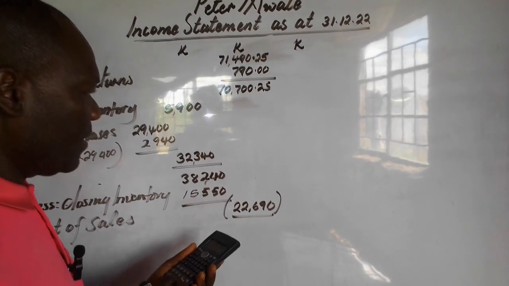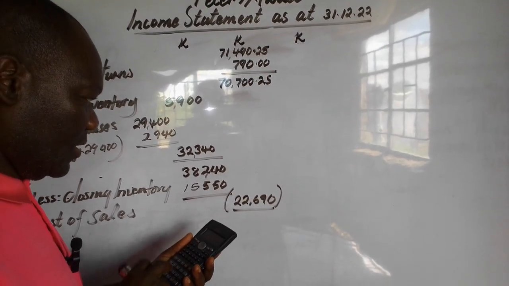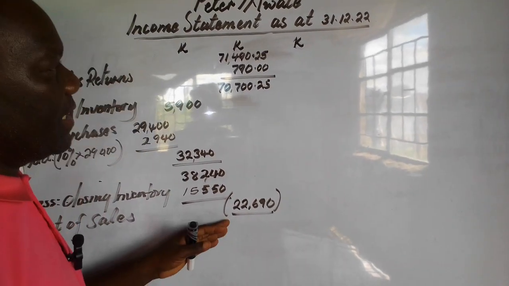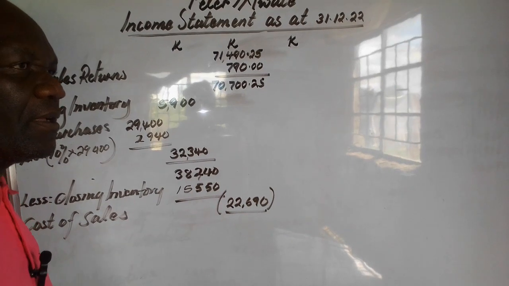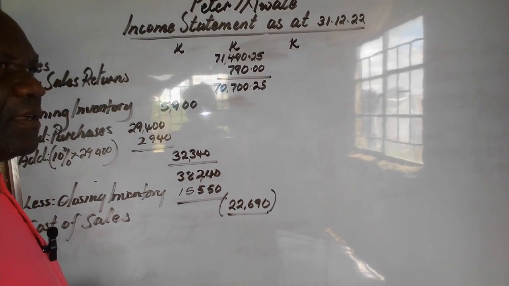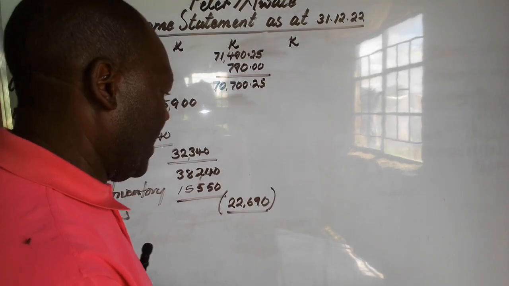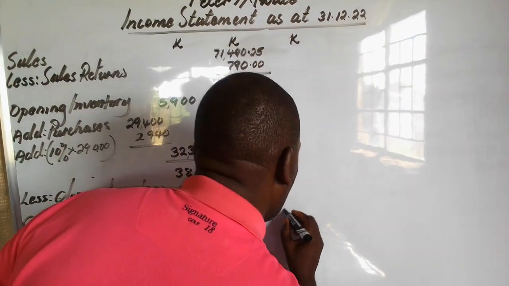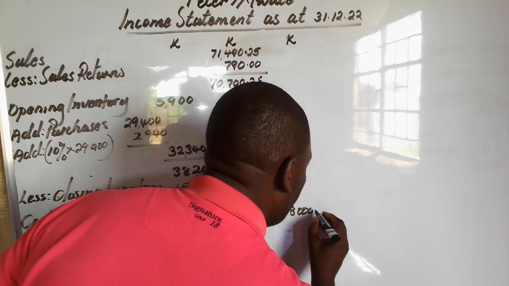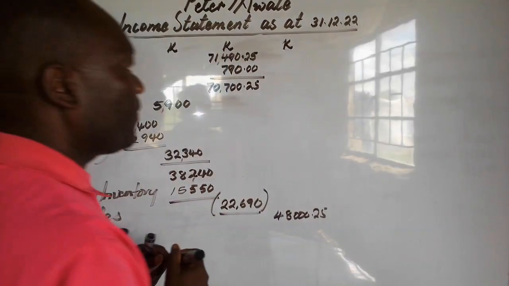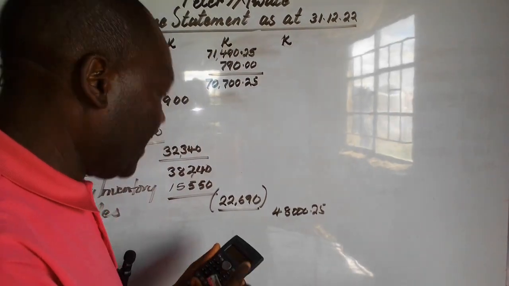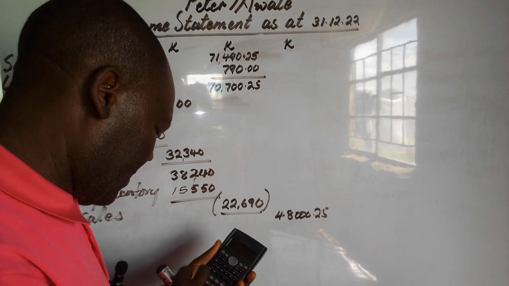We are going to subtract our cost of sales from the figure that we have there. So let us do our computations. 70,725 less 22,690. The figure that I get here is 48,025. Okay, let me verify my computations here.